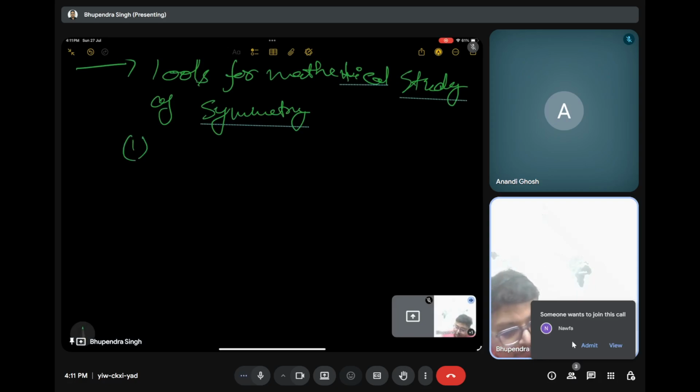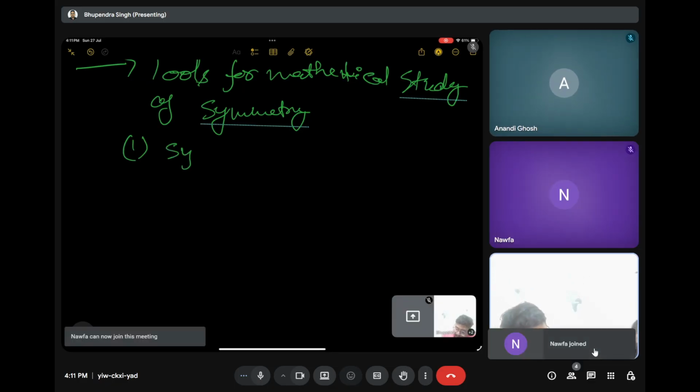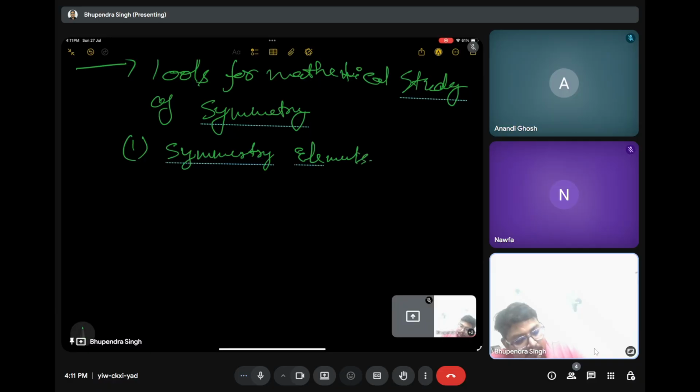The first one is the symmetry element. And upon using the symmetry elements, we do the symmetry operations.